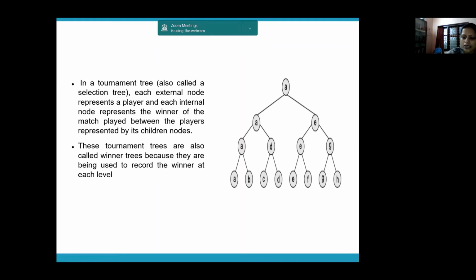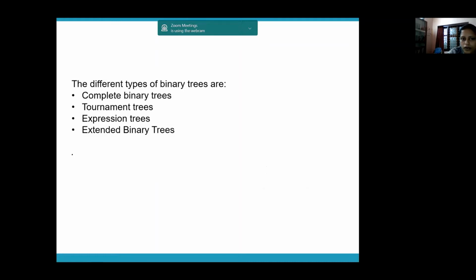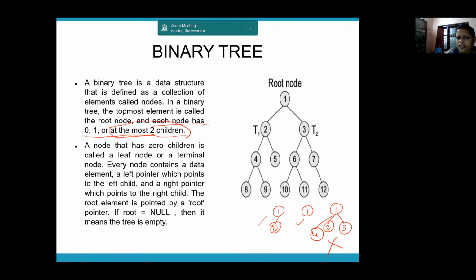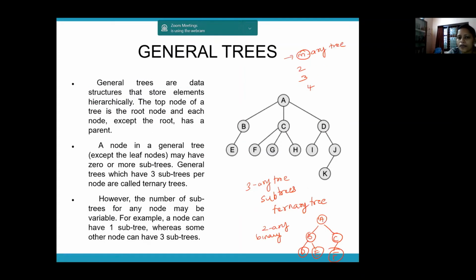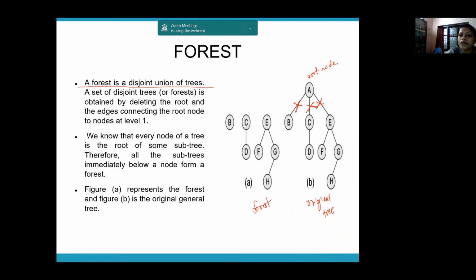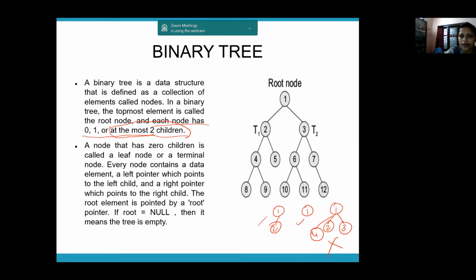Okay, this is another kind of tree. So what are the different trees that we have discussed so far? General trees, which is an n-ary tree, in which a tree can have any number of subtrees. Okay. Forest is a disjoint union of trees, which can be obtained by deleting the links between the root node and its immediate children. Correct.